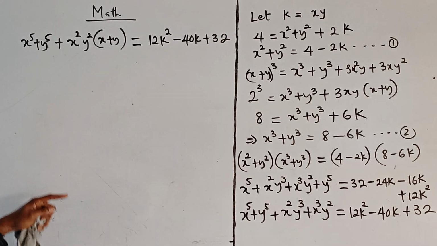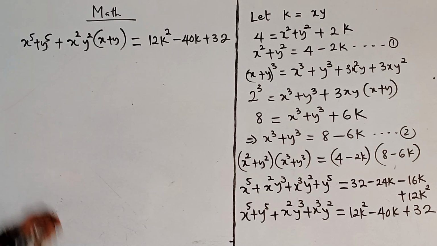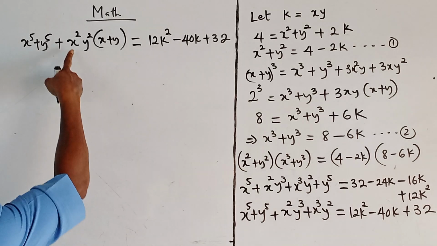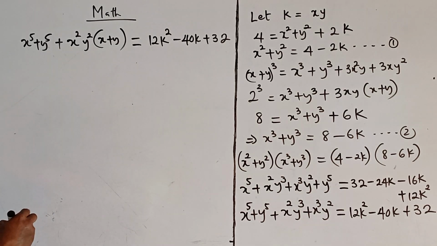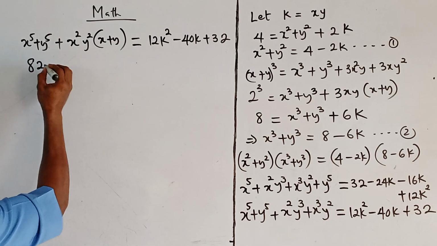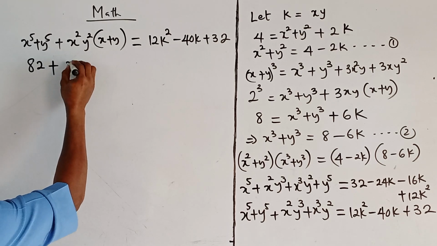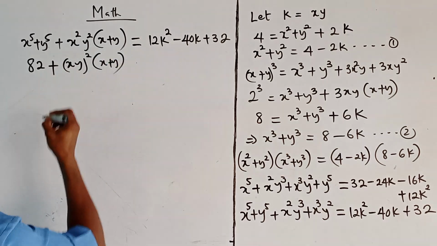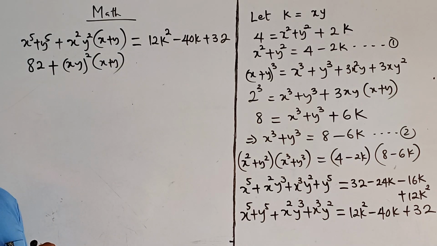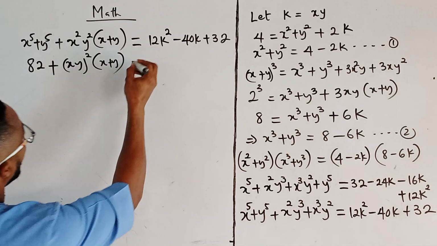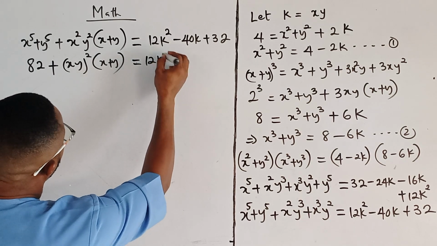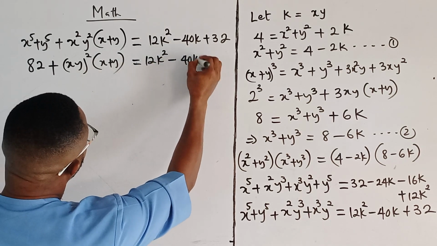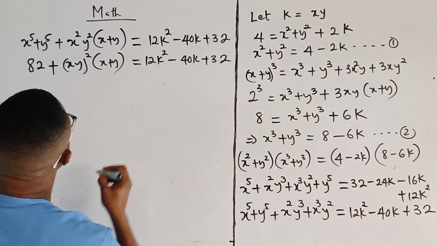Then x to the fifth plus y to the fifth is 82. Then x squared y squared, I can write this to be 82 plus xy all squared, x plus y. Okay, so this is okay. So it becomes 12k squared minus 40k plus 32.